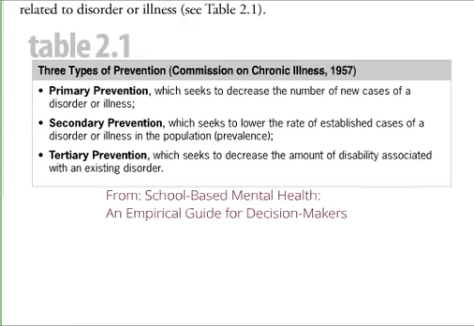Secondary prevention would seek to lower the rate of established cases of a disorder or illness in the population, and tertiary prevention would seek to decrease the amount of disability associated with existing or ongoing problems.